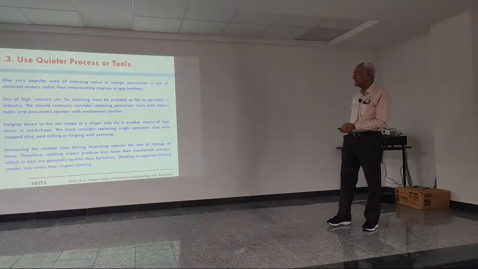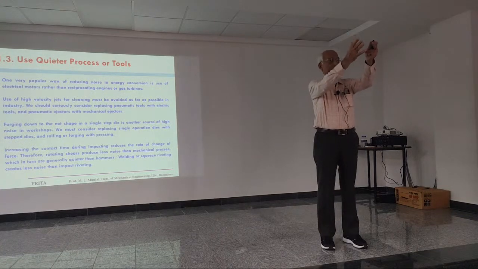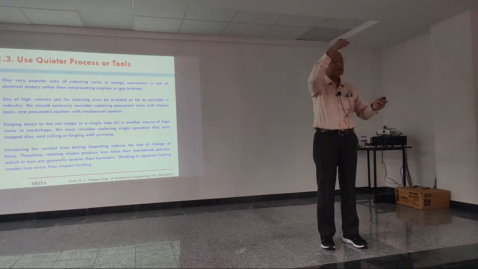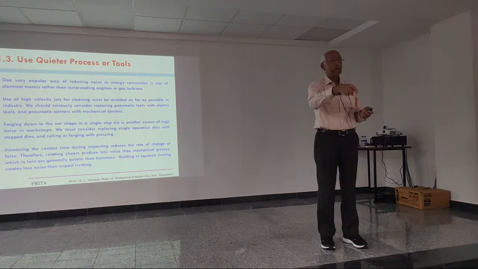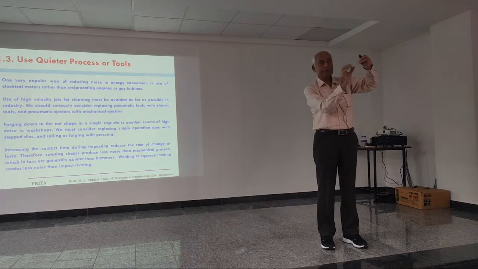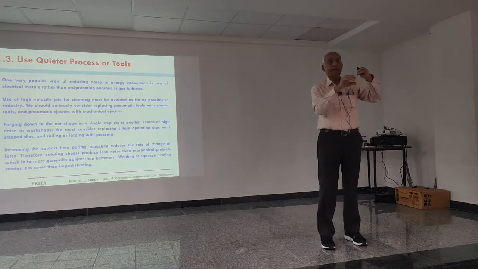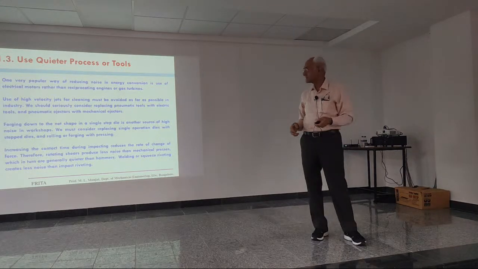So here I am saying that when you are forging some shape, instead of doing it in a single die, you use step dies, so the shaping is done in steps, and everything will be quieter than otherwise, and total noise will be less.